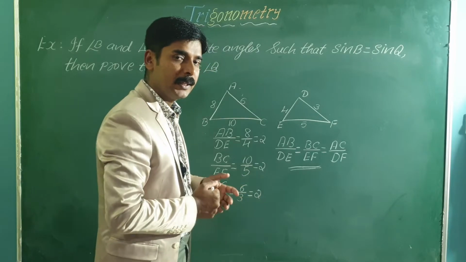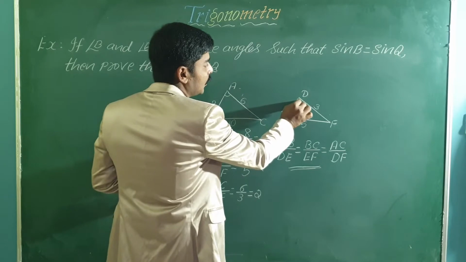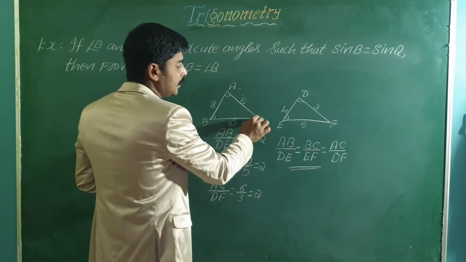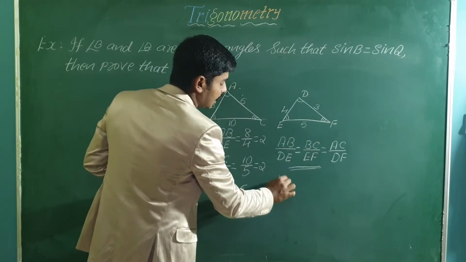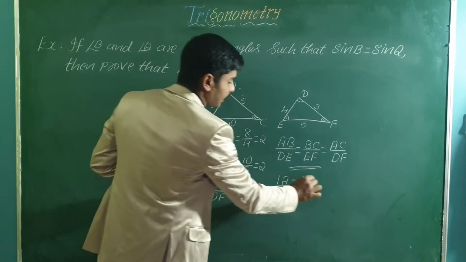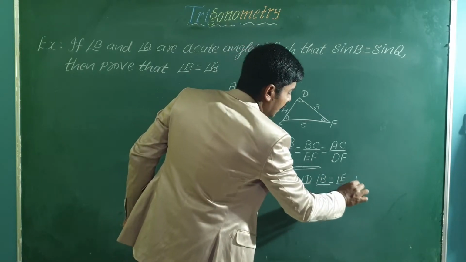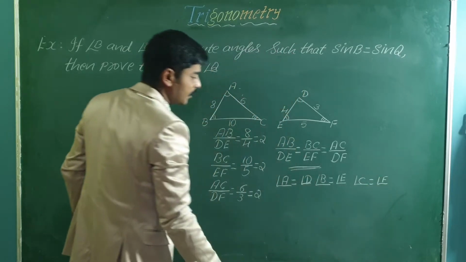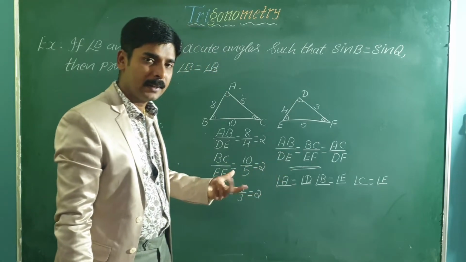And also, if the corresponding angles are equal, that is, if angle A is equal to angle D, angle B is equal to angle E, and angle C is equal to angle F, even in this case, we say that these two triangles are similar. So these are the two conditions to say that two triangles are similar.